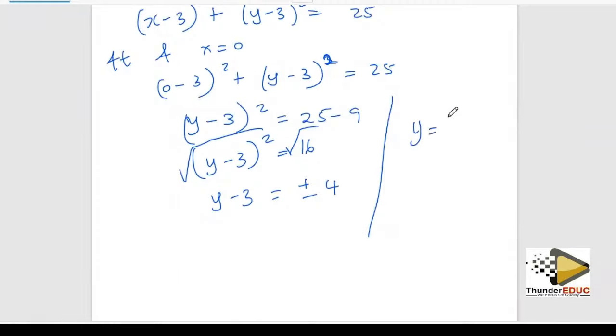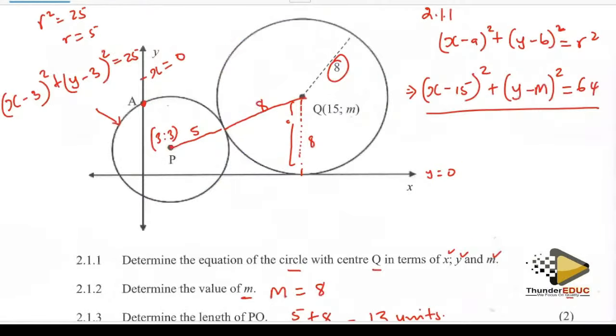So my y is going to be plus or minus 4 plus 3. So the y is either 4 plus 3, which is 7, or negative 4 plus 3, which is negative 1.